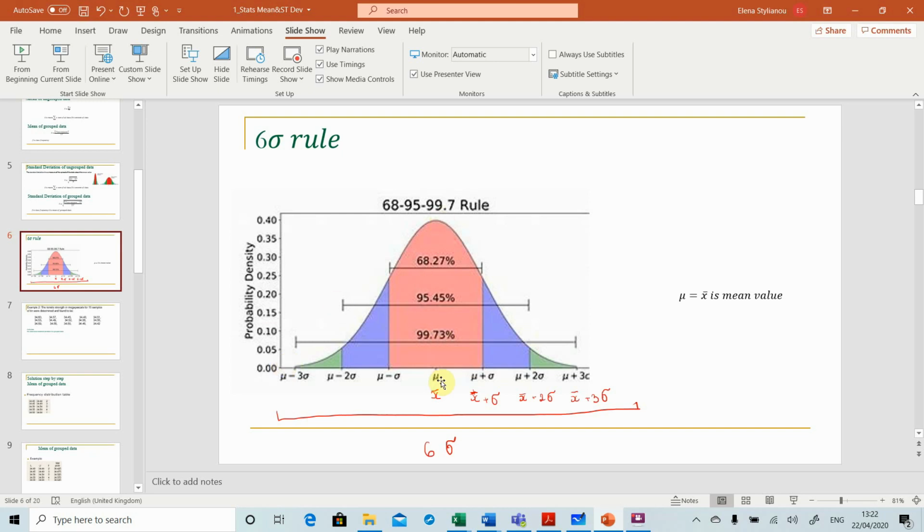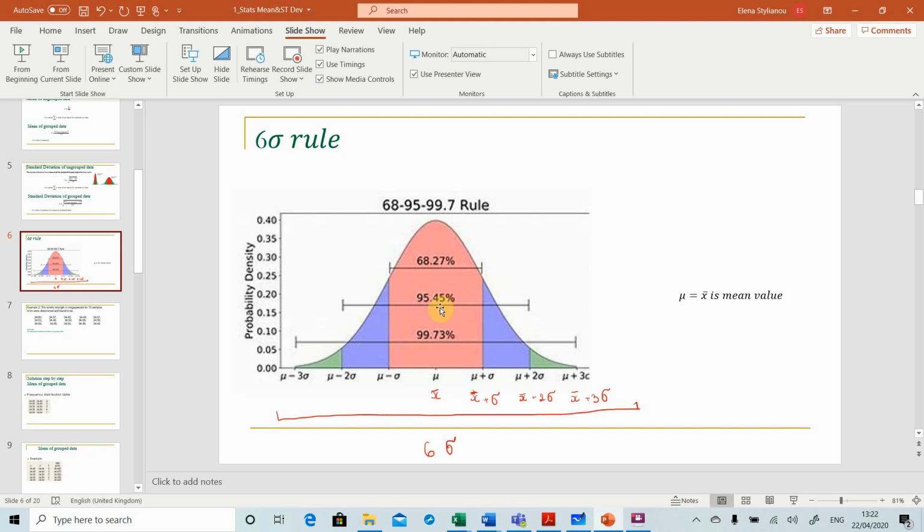Mean plus or minus 1 sigma gives us the corridor for 68% of the data, and plus or minus 2 sigmas, 95%. They call it a confidence interval. So 95% of the data will be in the corridor mean plus or minus 2 sigma.